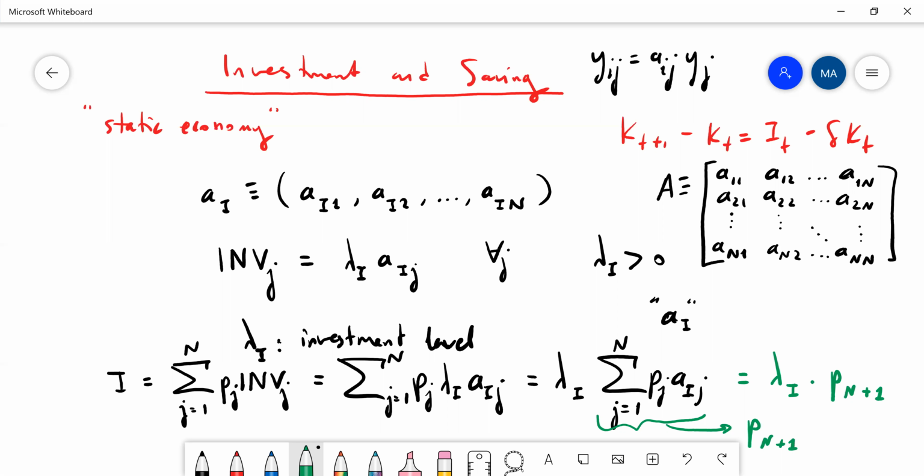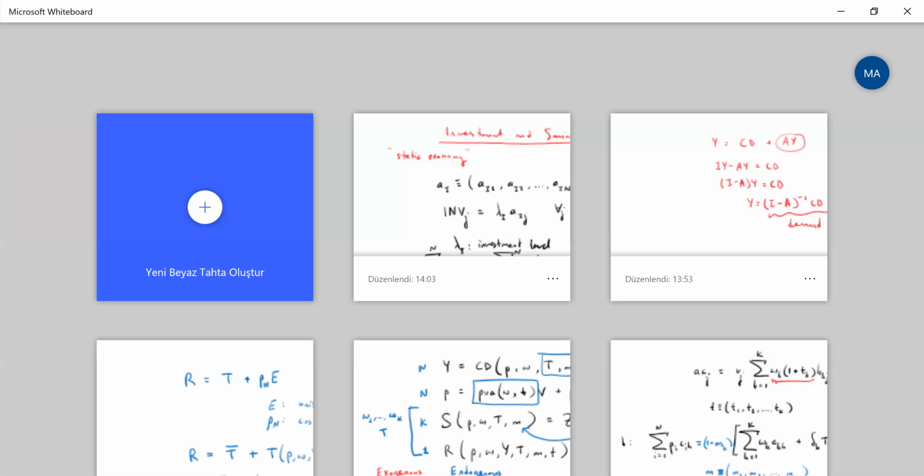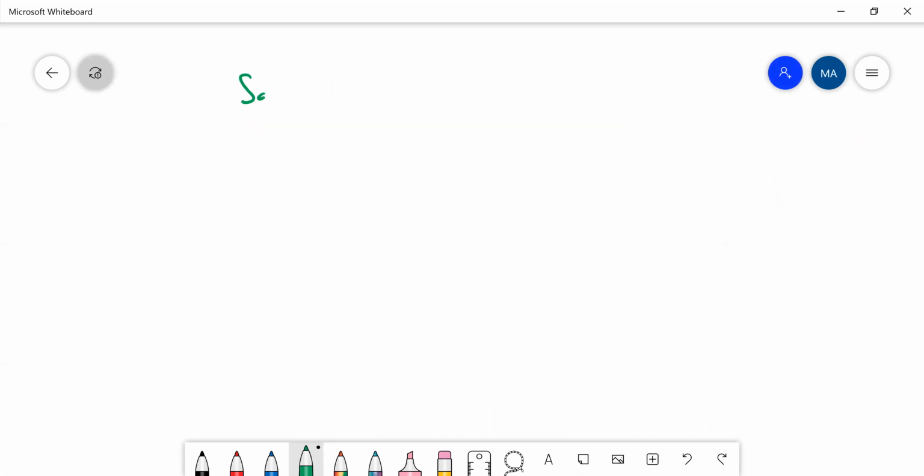So now I can talk about saving. So how do we model saving? Well, first we have to be specific about who's gonna save, right? And typically these are the households, right? In the economy, remember we have households.